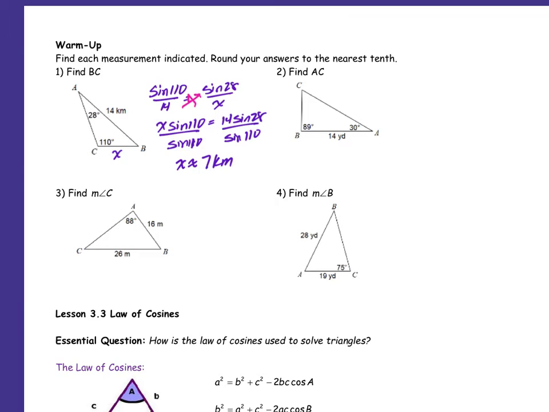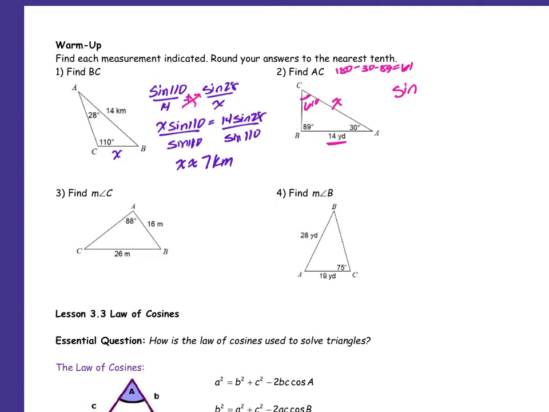And then on number 2, they want me to find AC. In order to find AC, the side I know is this side, so that means I need to know this angle. So if I do 180 minus 30 minus 89, I'm going to get 61. So this angle is 61 degrees.